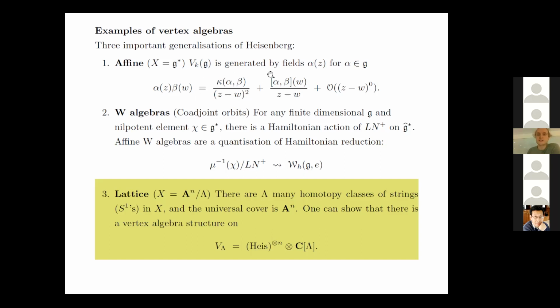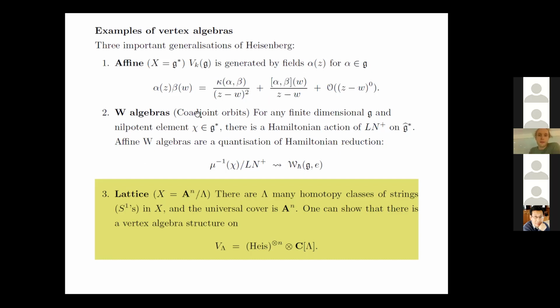As for the Heisenberg algebra, it has a generators and relations definition, where it's generated by fields, a field for each element in the Lie algebra, subject to similar relations. Here, kappa is the Killing form on the Lie algebra, and this is just the bracket in the Lie algebra.